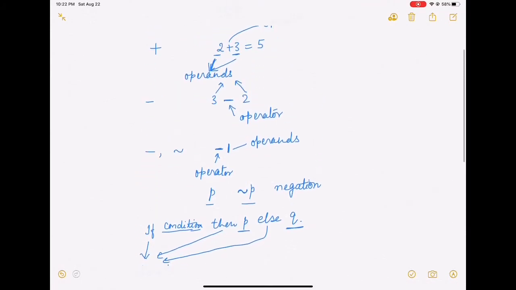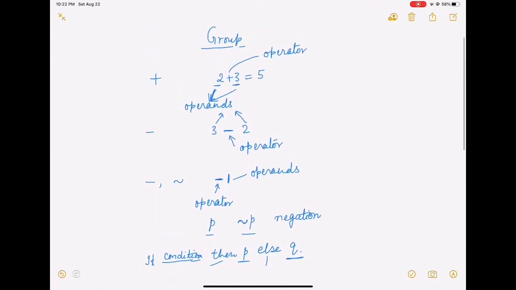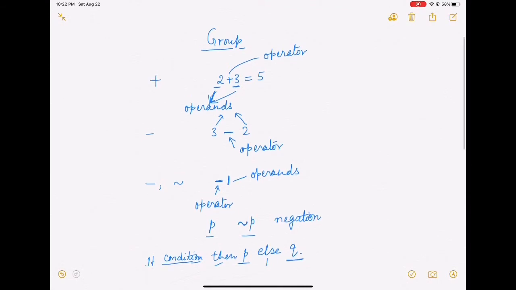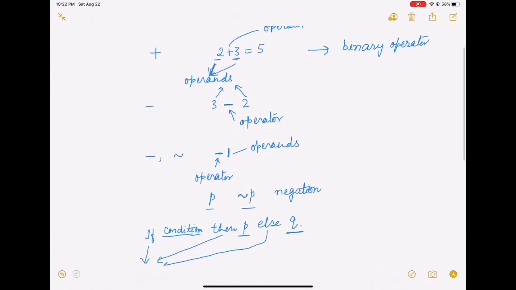So the purpose of telling you all this is that plus is an operator that needs two operands, and minus is an operator that needs two operands. So these operators come in the category of binary operator. This comes in the category of unary operator.